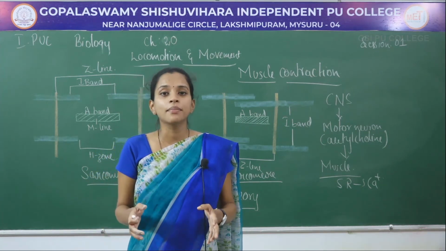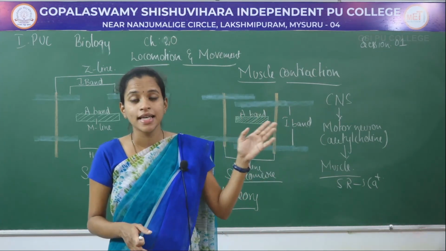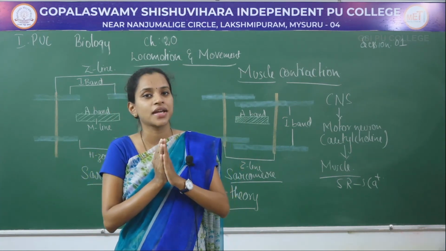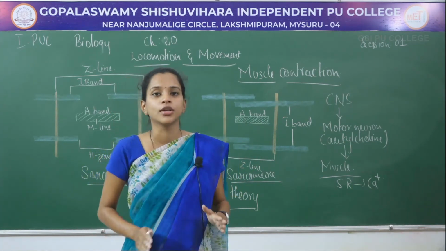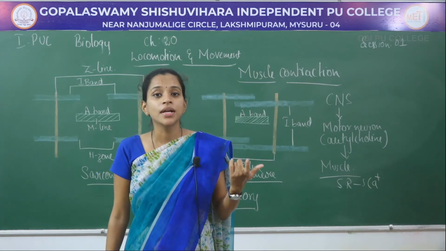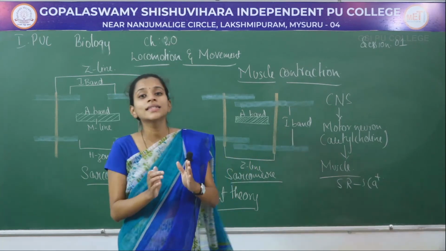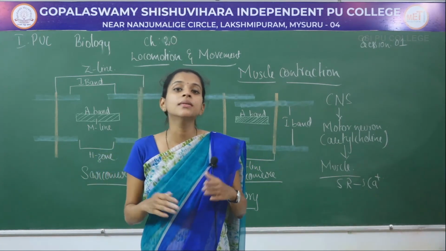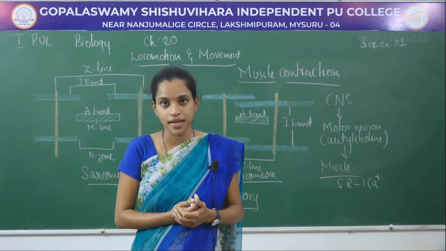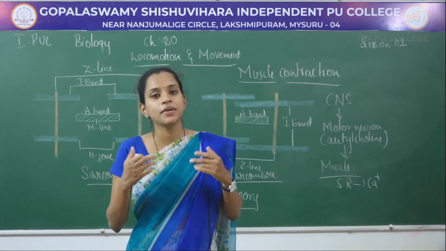So now what happens, the myosin head, especially the actin binding site, binds to the active site of the actin molecules. Once there is binding, there is cross bridge formation. Once the actin binds with the myosin head, the cross bridge forms and ATP will be utilized.